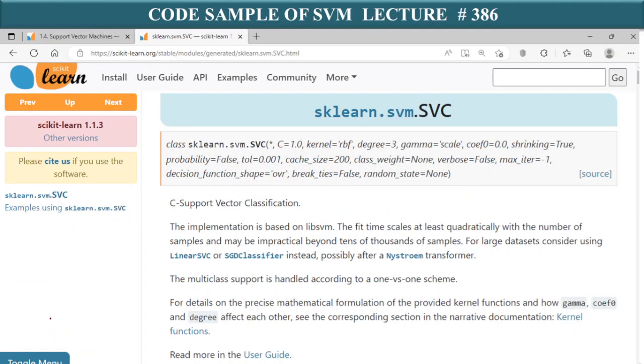Just check other parameters. If you are trying to do a multi-class problem, what is this OVR? OVR means one versus rest. This is for multi-class problems. Class weight, what does it mean?